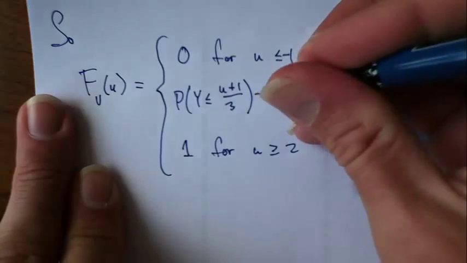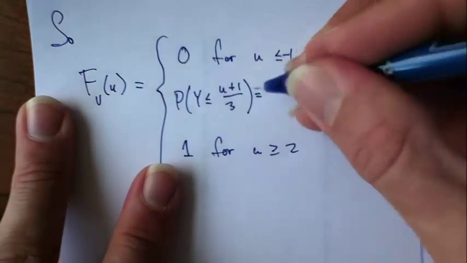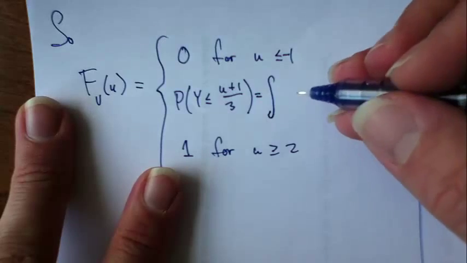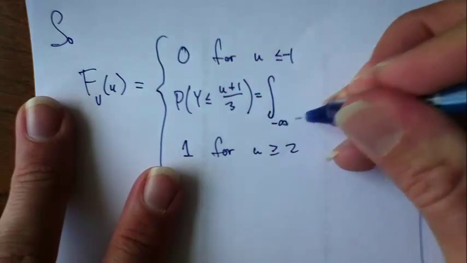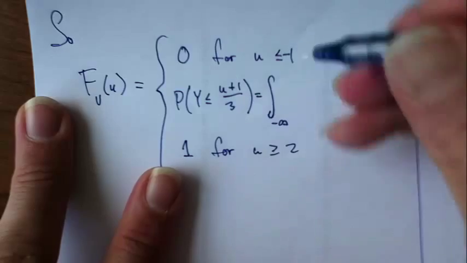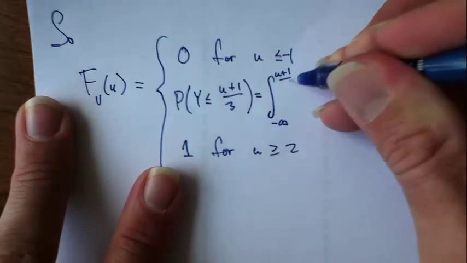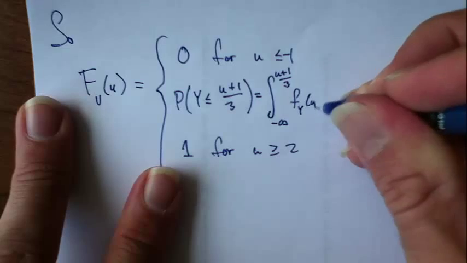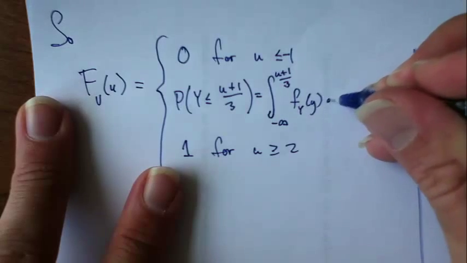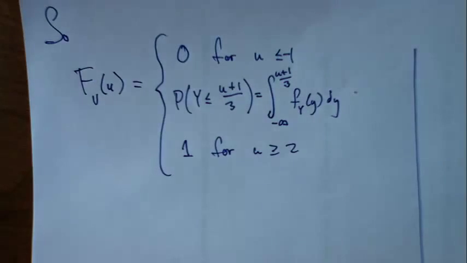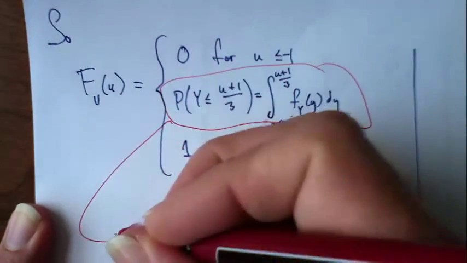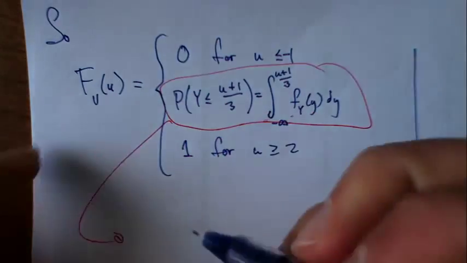Now, what is this? I know how to get this. It's simple. It's an integral from -infinity up to u plus 1 over 3 of the density function for y. So at this point, I'm just going to deal with this. I need to get an expression for this, so I'm just going to work with it.